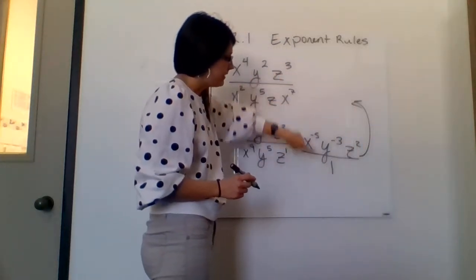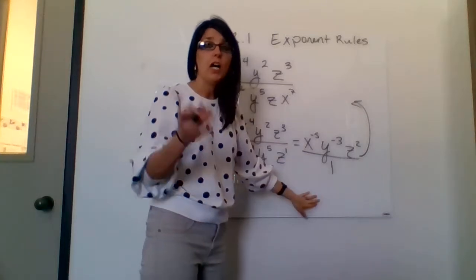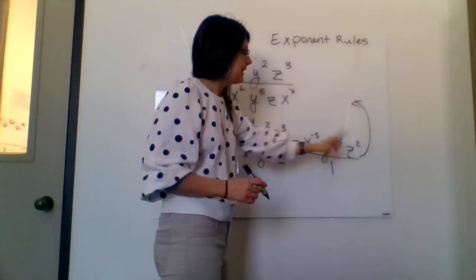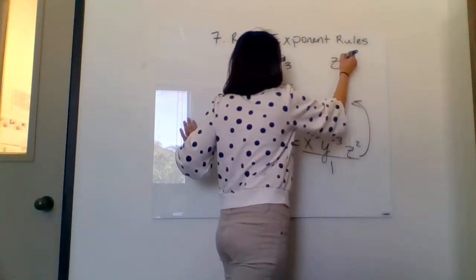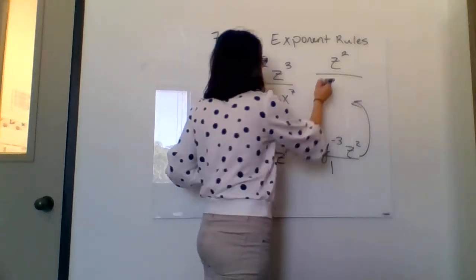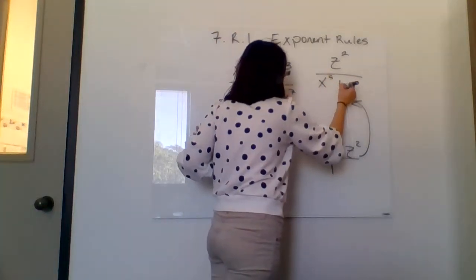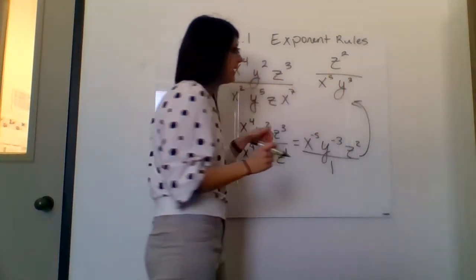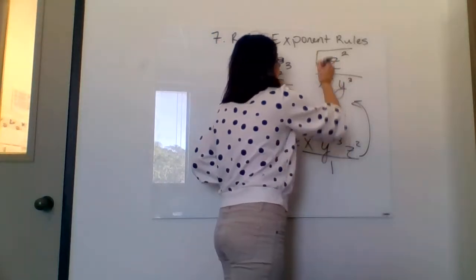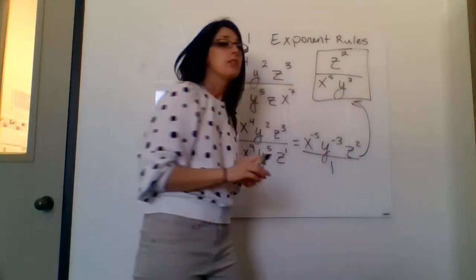X to the negative 5, it's going to move to the bottom, and once I move it, I'll take its negative to indicate now it's in the right spot. So the only thing that's going to stay will be z squared. X and y will be moved to the denominator. So I'll have x to the fifth and y cubed. And now again, I have all single bases, all positive exponents, so I have simplified the exponential expression.